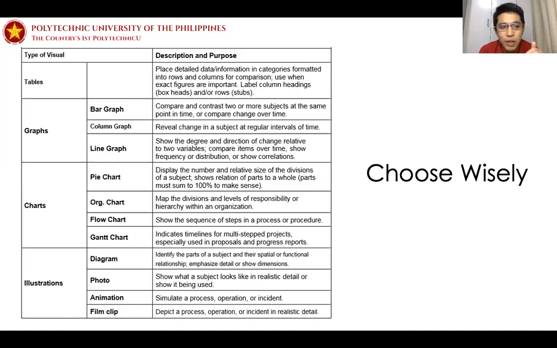Similarly with how businessmen would look at the stock market. But line graph would show us the degree and direction of change relative to two variables. Compare items over time and show frequency or distribution or show correlation.